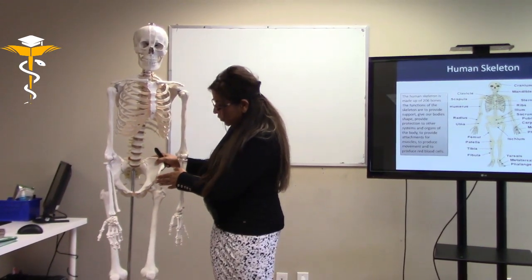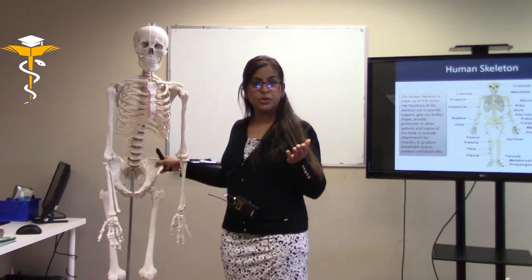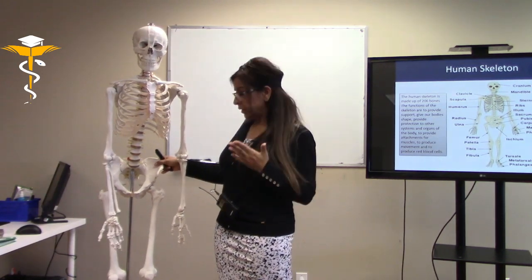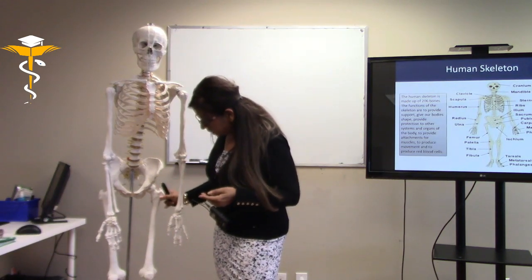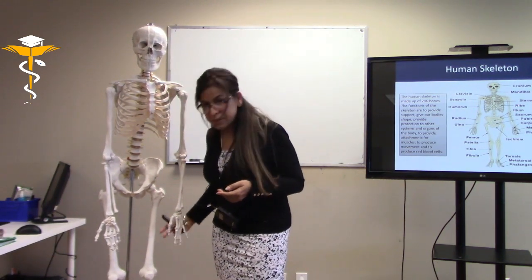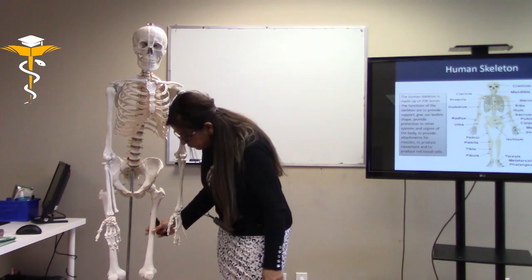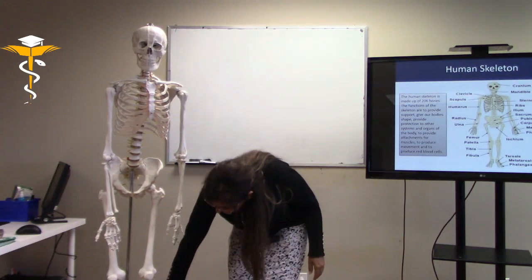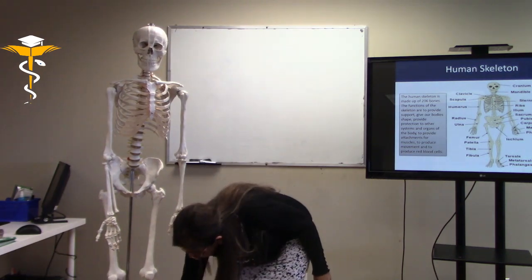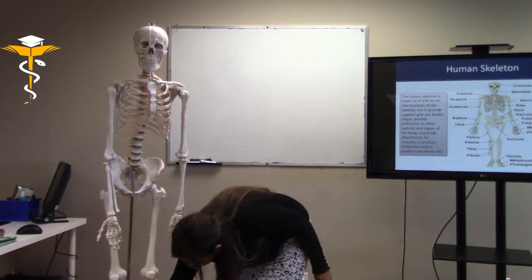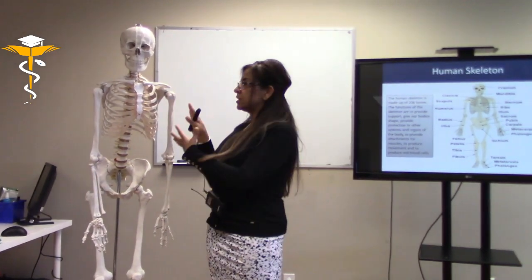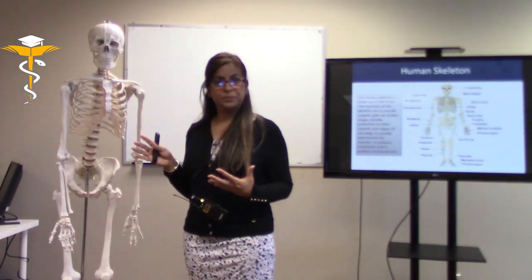When we come to the joints, you will also learn that this is the immovable joint. Coming down to our lower limbs, this is the femur. This is the tibia, the fibula, and then in the foot, there are tarsals, metatarsals, and phalanges. So in total, this is our human skeleton.